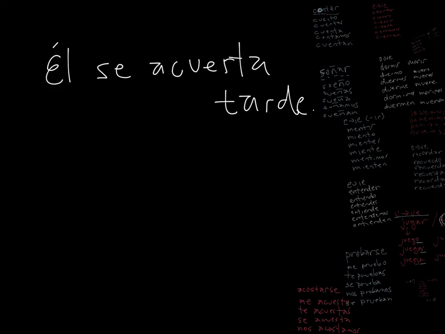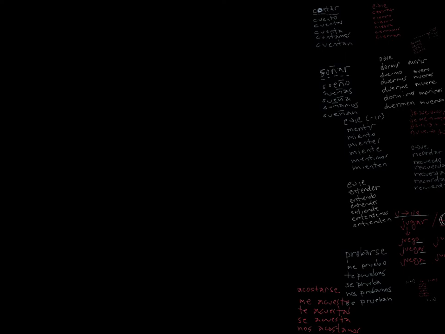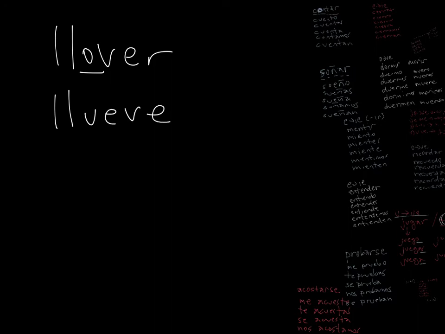Llover is also a stem-changing verb. Let's take a look at llover. I don't rain. You don't rain. He doesn't rain. We don't rain. They don't rain. It rains is going to be a stem-changing verb. Llueve.